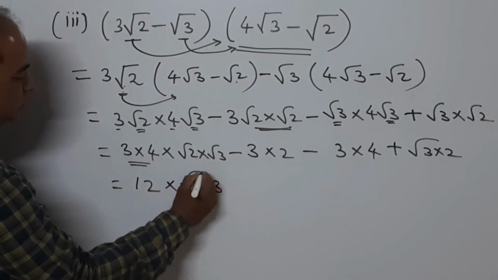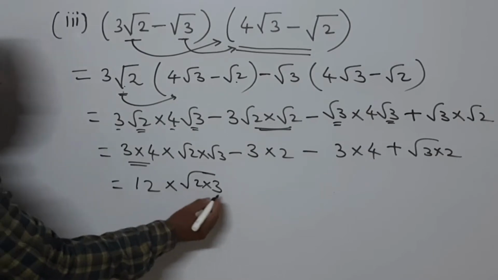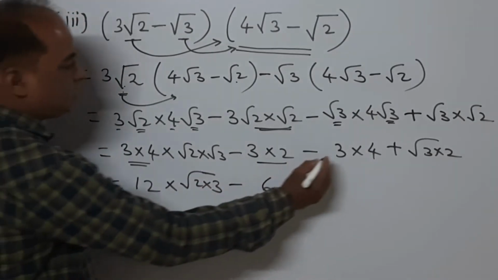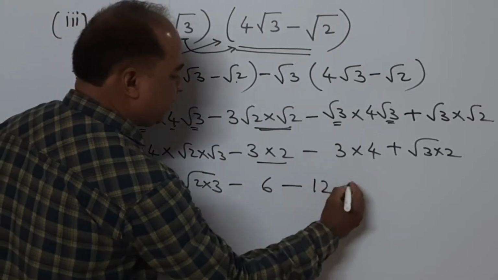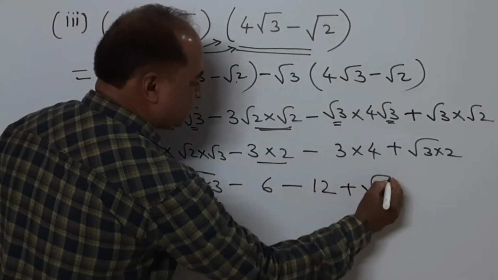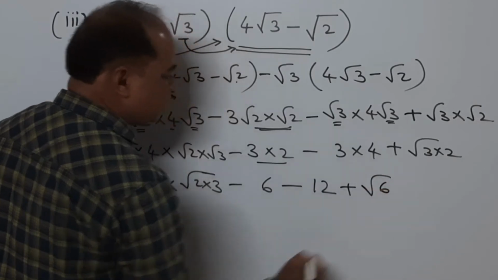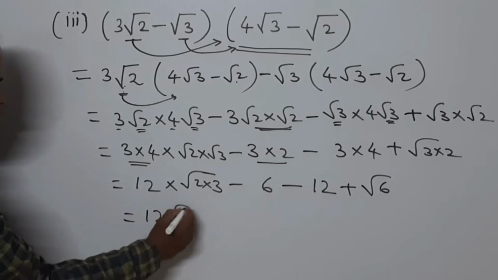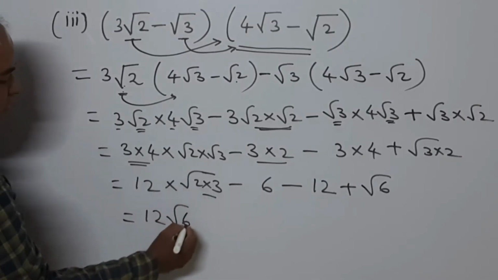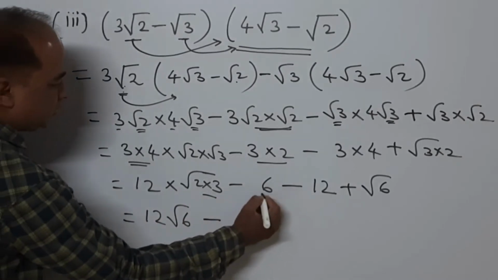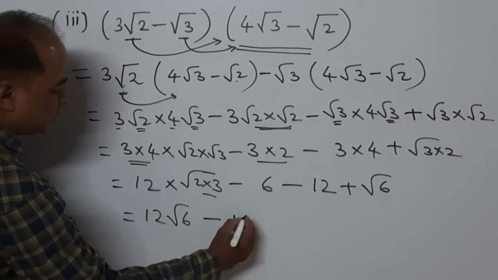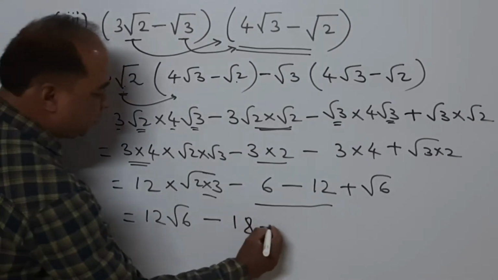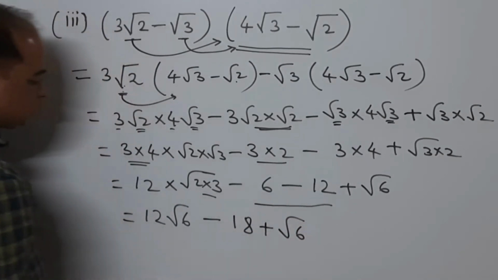Here 4 3s are 12 root 6, 3 2s are 6, minus 3 4s are 12, plus root 6. So it is 12 root 6 minus 6 minus 12 plus root 6, which is minus 18 plus root 6.